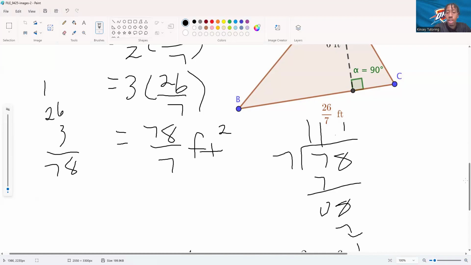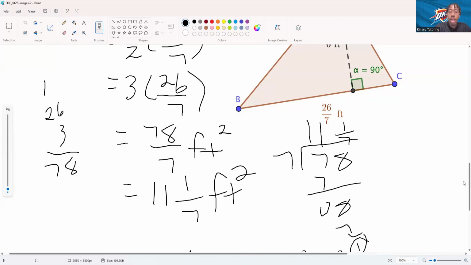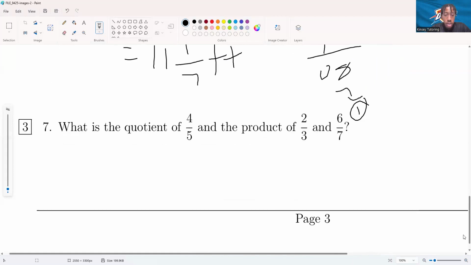So 11 and 1/7 feet. And that also equals 11 and 1/7 feet squared. So once you find your remainder, take that remainder as your numerator, and the number you're dividing by as your denominator, which is 7. Okay, all right, that's that.